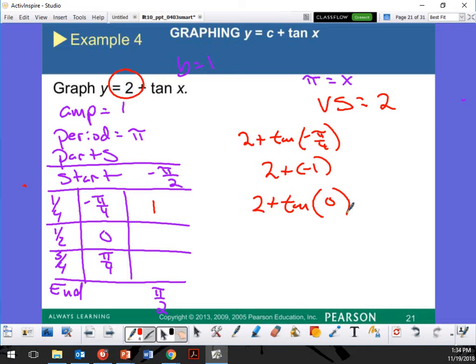So 0 plus 2 is 2. And the next one is going to be 2 plus tangent at pi over 4. Positive 1 is the next one. So it's positive 1 plus 2, which is 3. Hey, I figured out the pattern.